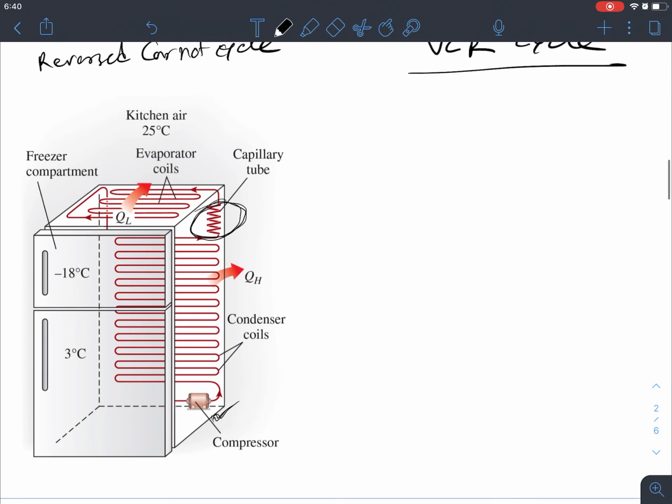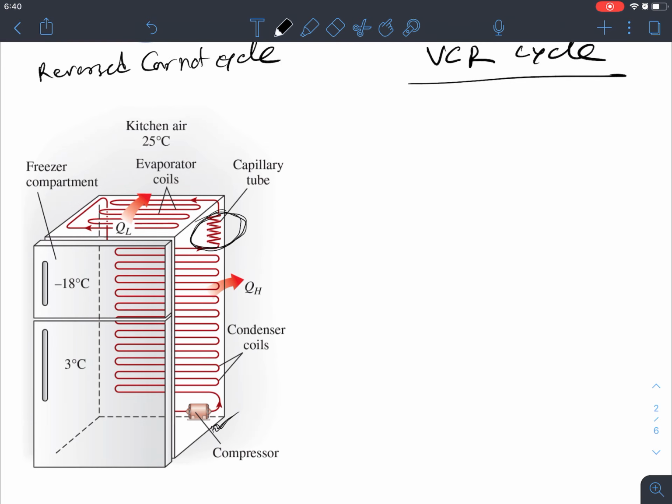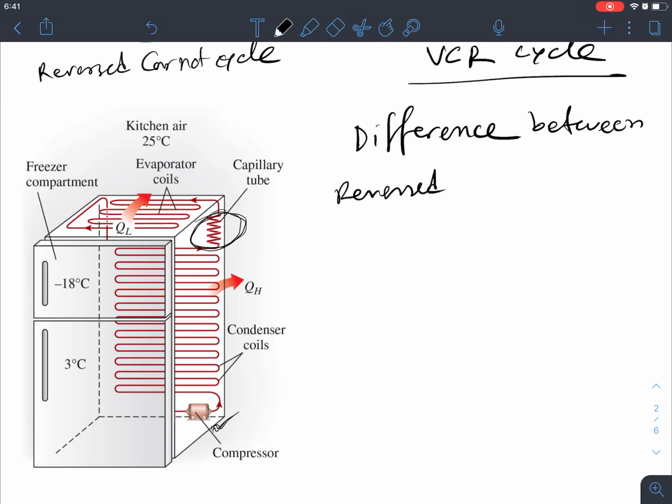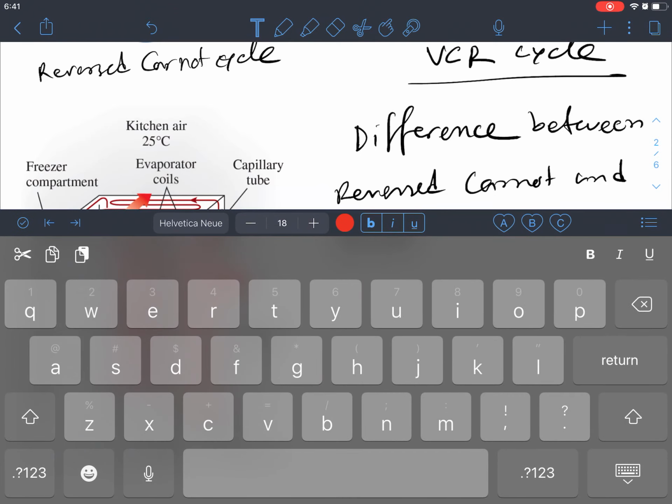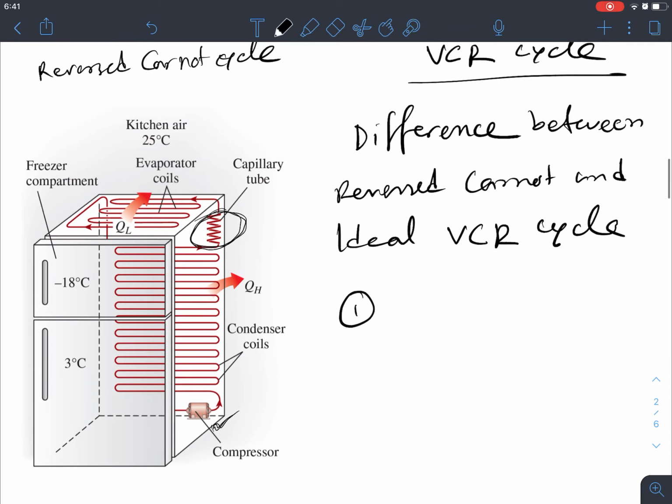So basically, again, I would like to write two more points. The difference between the reversed Carnot cycle and the ideal vapor compression refrigeration cycle is: number one, the compressor inlet is vapor.